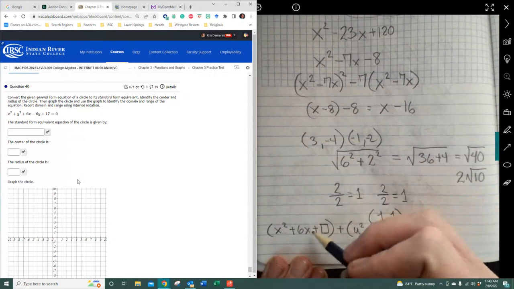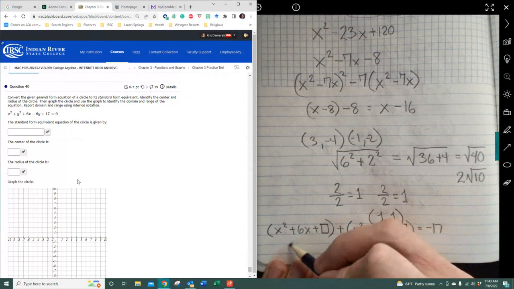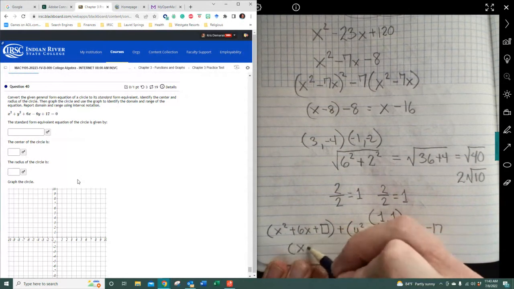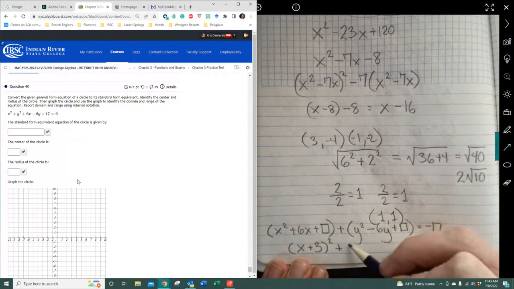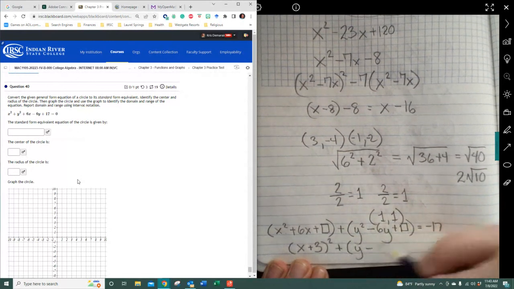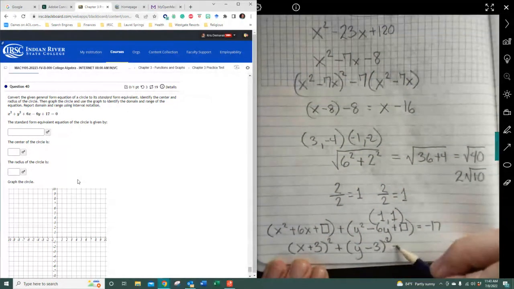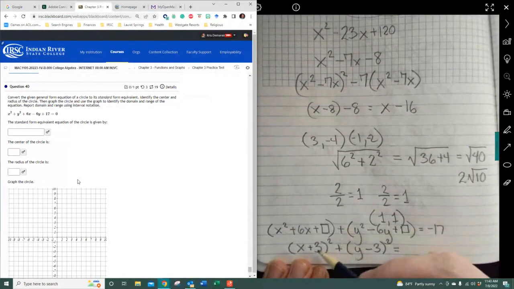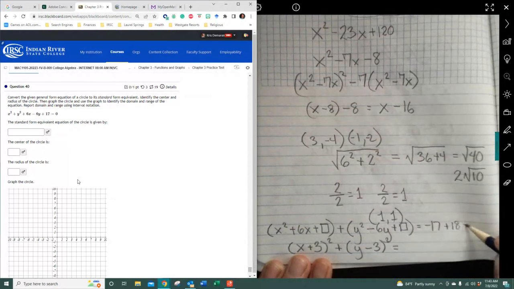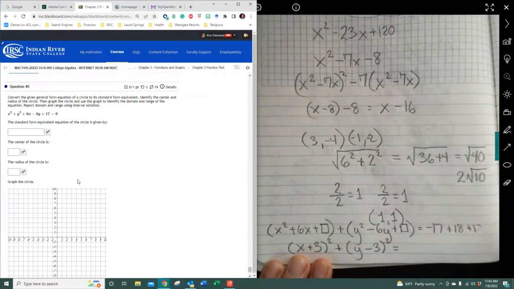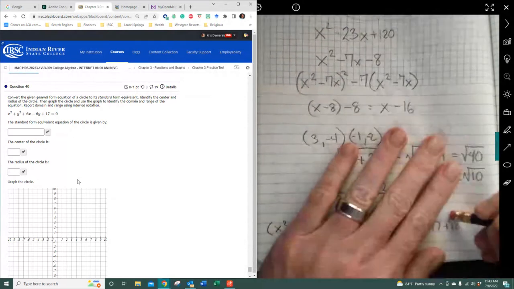Now since this is 6 and this is 6, I'm going to take half of that, which gives us positive 3 squared, and half of negative 6 gives us negative 3 squared. And I remember that I take both of these and add them to this side. So I get 9 and 9, and I have 18.